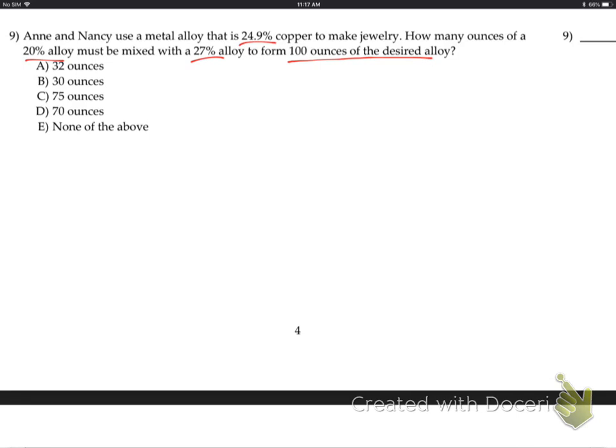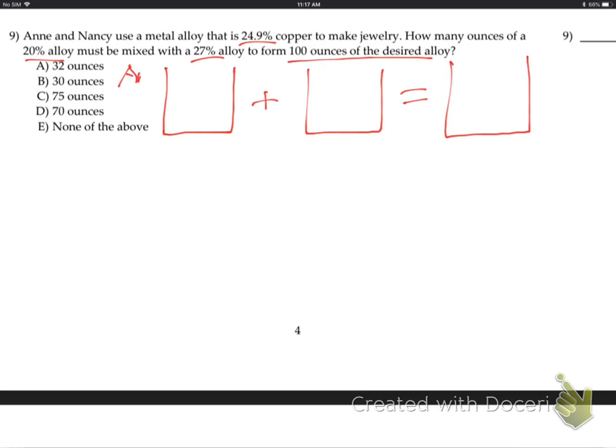Okay. So how do we do mixture problems? The boxes, the 3 boxes or beakers or whatever. 3 beakers like that. Good. The top goes the amount. The bottom goes the percent.